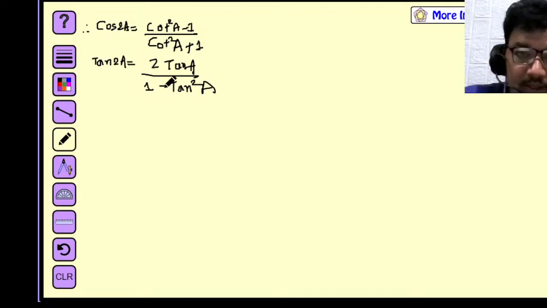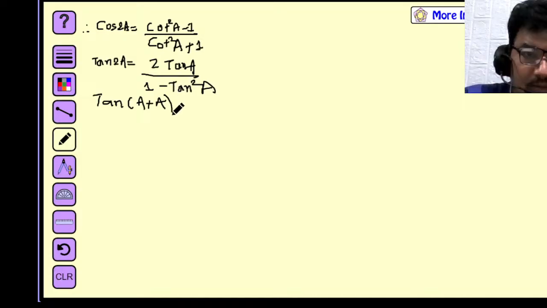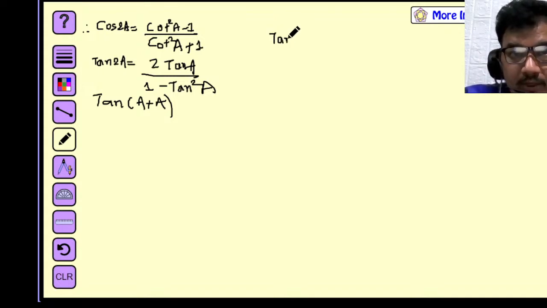Okay, and look at children, for this, first of all, I want to show you here, with this tan 2a we can write tan a plus a. 2a means a plus a. And we know the compound angle formula, tan a plus b formula, we should know this one first.